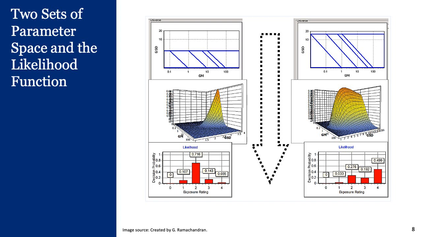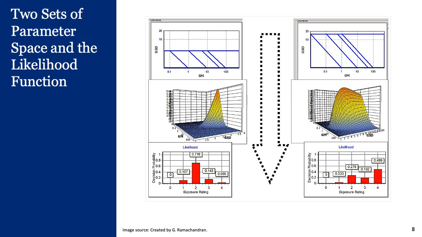Now we can see that the peak is well within our parameter space because we increased the maximum to 16 for GSD. But now if we look at the probabilities in the different exposure categories, we see that this is clearly an exposure category of 4. There is almost 50% probability in category 4.